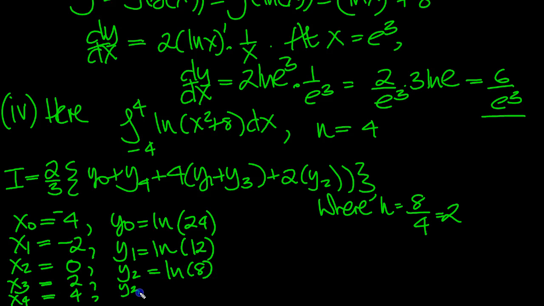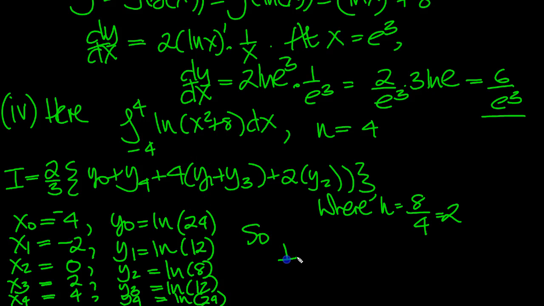And then y3, now this would be 2. Again, it should be the same as what we had up here, shouldn't it? 8 plus 4, that's 12. That's a good check then. And y4, which we'll squeeze in just here, should be 24. If you put 4 in, 4 squared is 16 plus 8 is 24. So that's what we've got to put in the calculator.